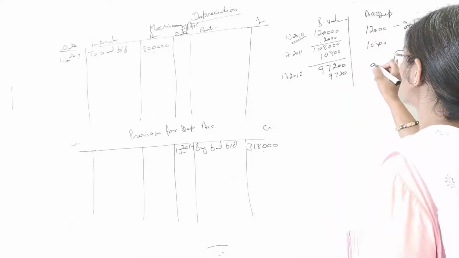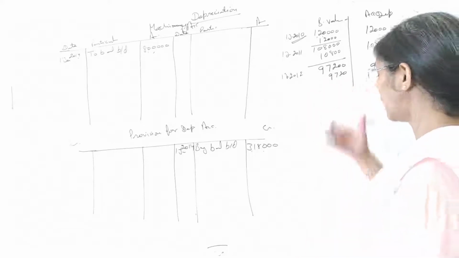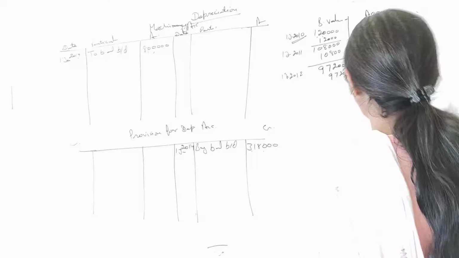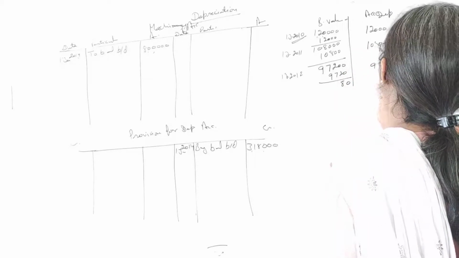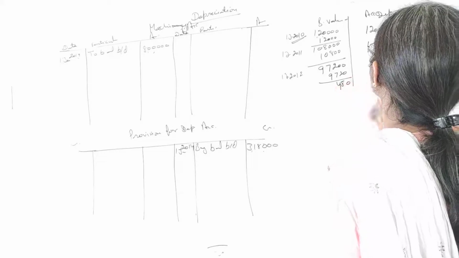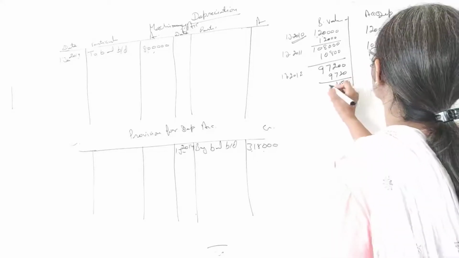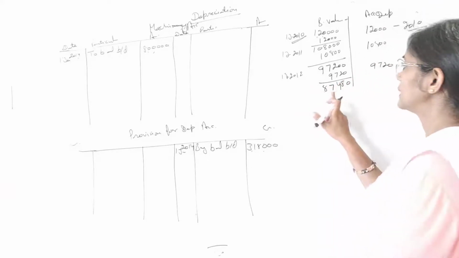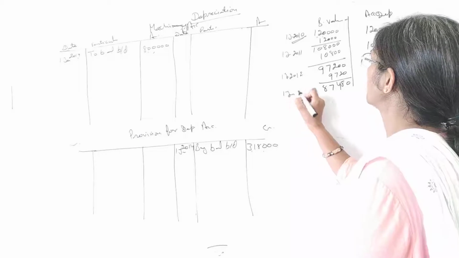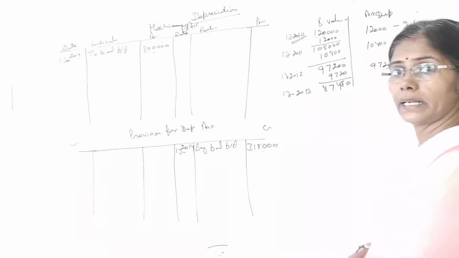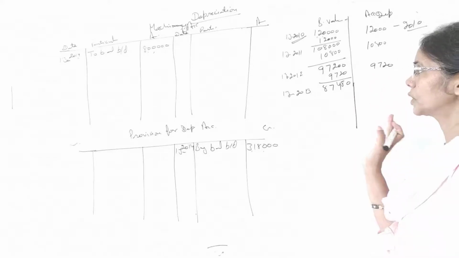So this is the amount of depreciation we write here. So this year we just find out the depreciation of each year. Okay, so here the value is 87,480, written down value on 1st January 2013. So this year the amount of depreciation was that much.